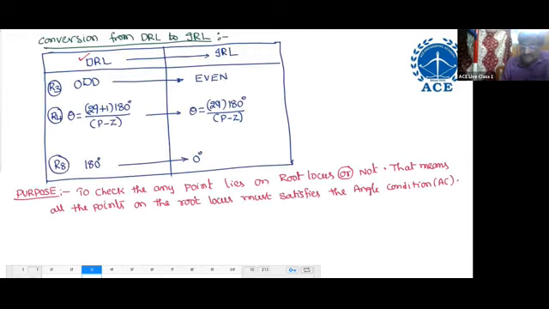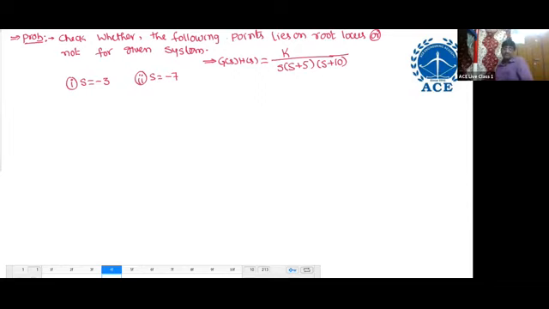Come on, check it. So first, you have to apply the angle condition.